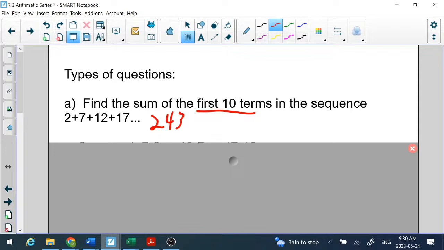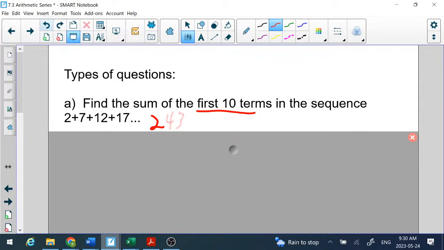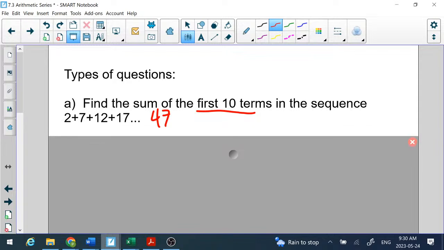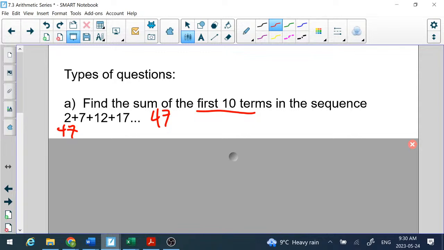Oh, the 10th term is 47, my apologies. And yes, 47 would line up with 2. So you would say, okay, I'm going to have 47 lined up with 2. And then you would line up 42 with 7, right? But you don't need to do that, because the pairs are all going to add up to 49.